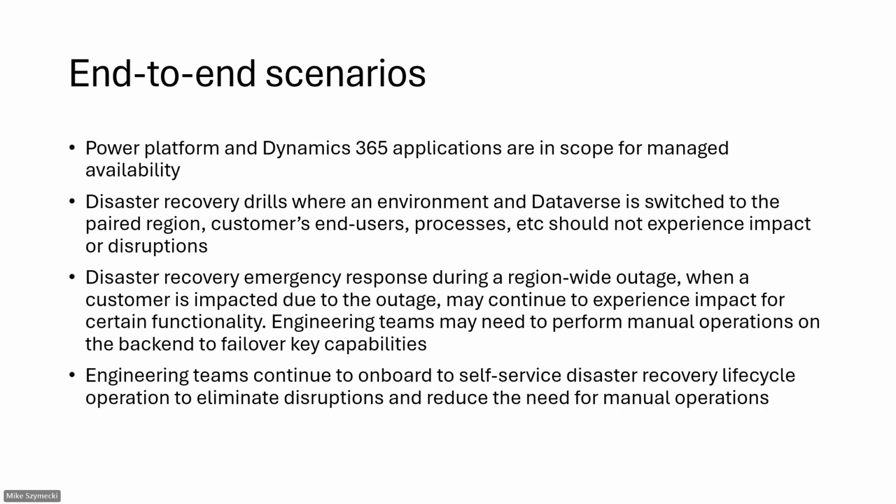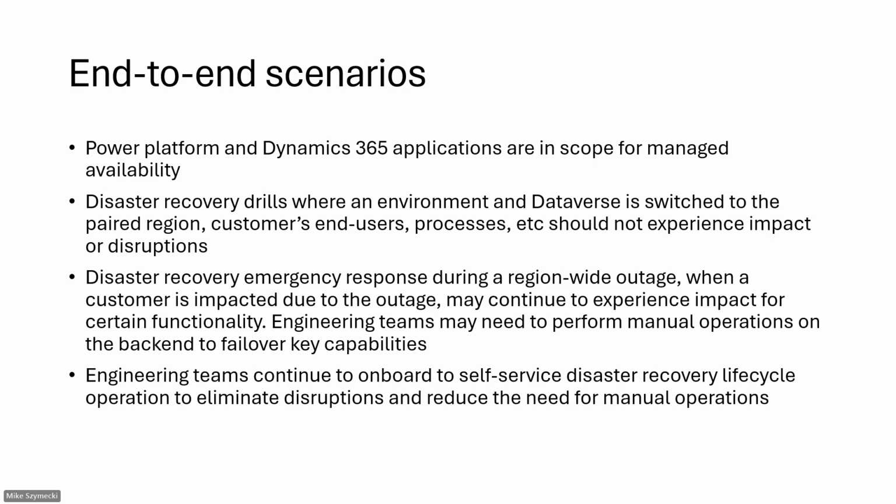Now, if one of the regions, the prime region, is actually completely out, all the availability zones are out, and there is a region-wide outage, so the customer is actually experiencing an outage, there might be certain functionalities that might continue to experience the impact, and many times the engineering team have some manual operations that they need to do on the back end to restore the service.